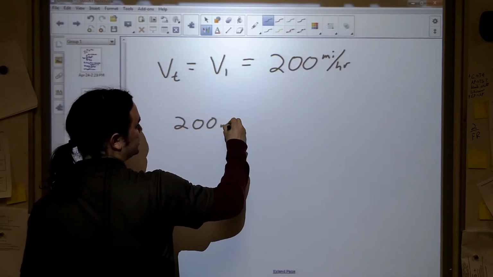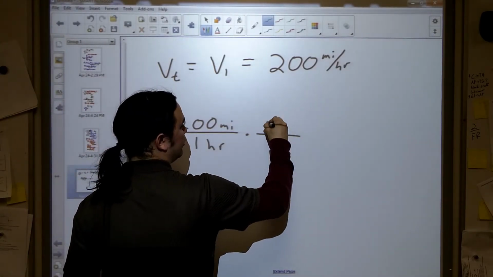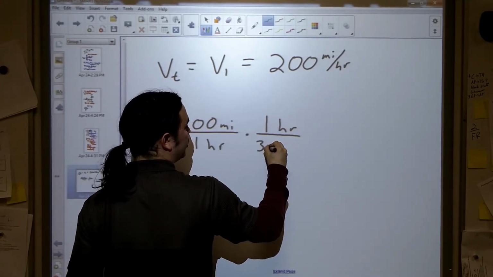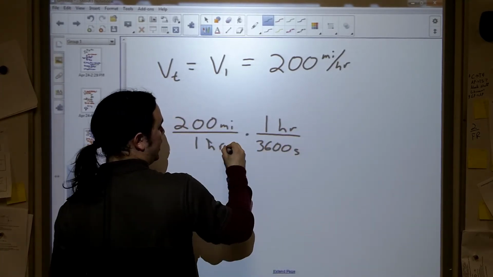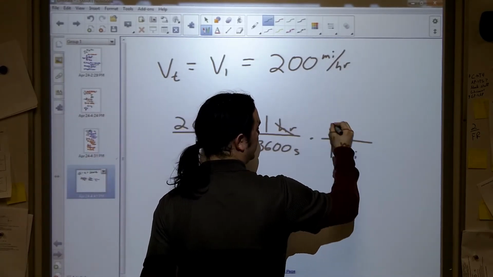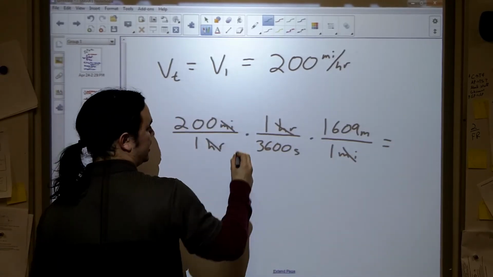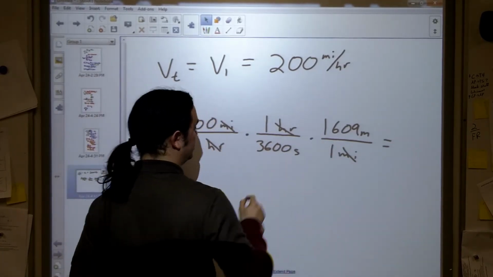Let's go ahead and convert this into SI. I can get rid of the 1 hour by dividing by 3,600 seconds. Hours cancel out, and then I get rid of the miles. 1 mile is 1,609 meters. Miles cancel out, and I'm left with meters per second.